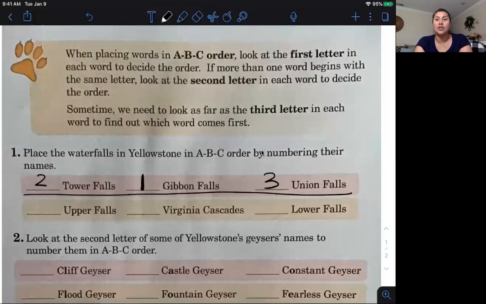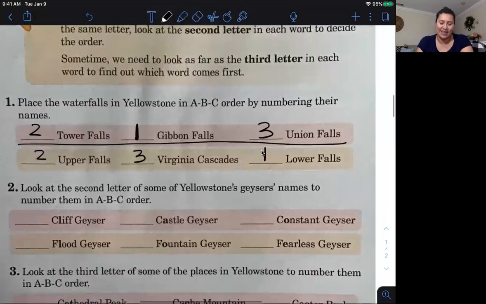What comes first? Yes, Lower Falls. Then what? It gets a little bit tricky with the U and the V. LMNOP is kind of like in the middle. QRSTU and then V. So U comes first and then the V. Very good. All right, let's keep going.